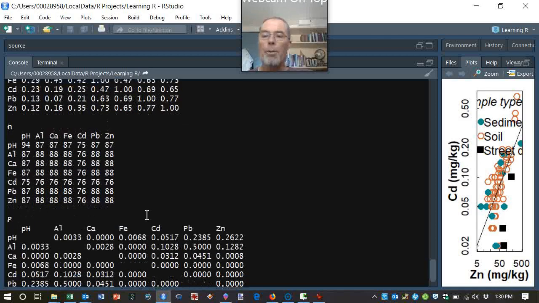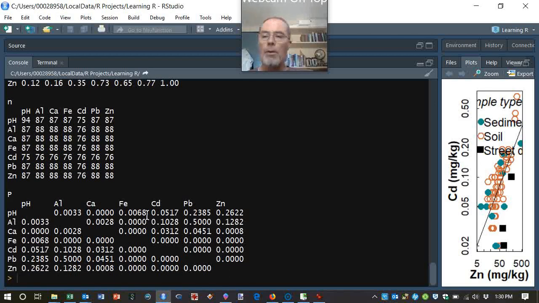And then we have a probability associated with each correlation too. So a probability below 0.05 enables us to reject the null hypothesis of no relationship for that correlation, meaning that the correlation is significant, but a value above 0.05 means that we can't reject the null hypothesis, and therefore we can't assume there's any relationship at all.